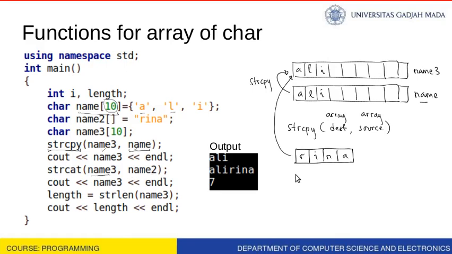So strcat has two parameters: the destination and the source. We combine name3 and name2 and put the result in name3, so it will be Ali and this. So this is the output.